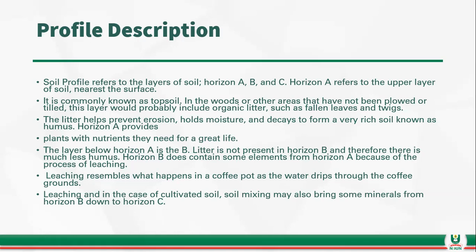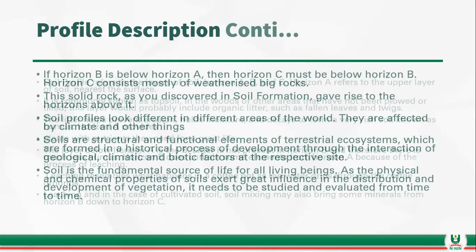Leaching resembles what happens in a coffee pot as water drips through the coffee grounds. In cultivated soil, soil mixing may also bring some minerals from horizon B down to horizon C.